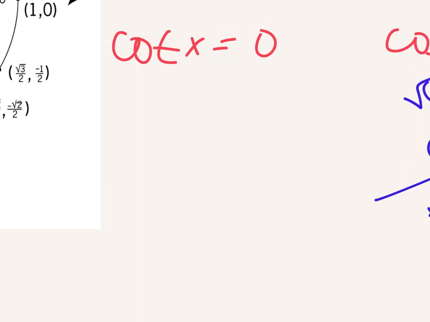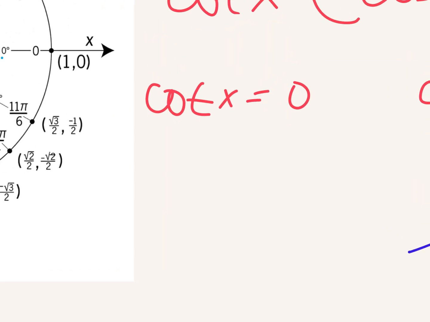So then I'm going to come over here to this one. What is cotangent? X over y. So think about it. You're finding a place on the unit circle that when you take the x and put it over the y, you get the answer of 0. What does that mean for your numerator and your denominator? Where is the 0 going to be?